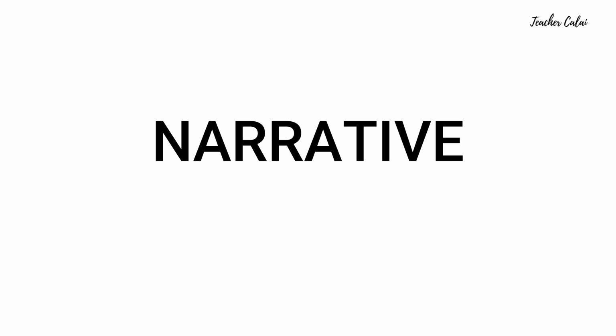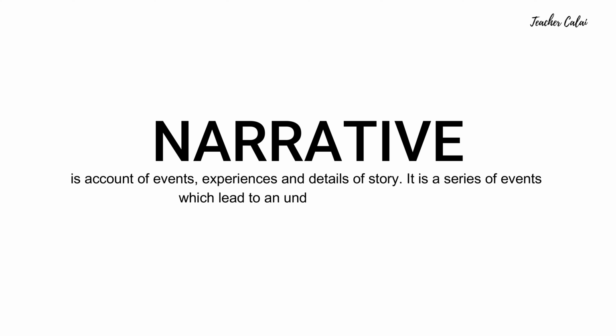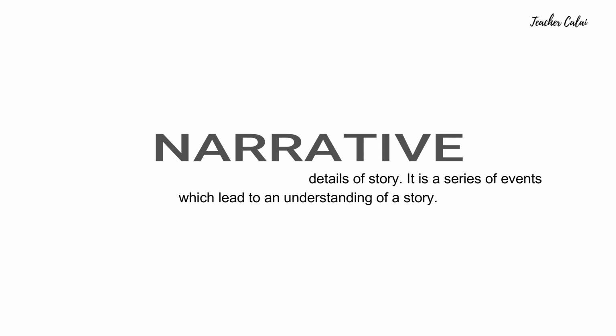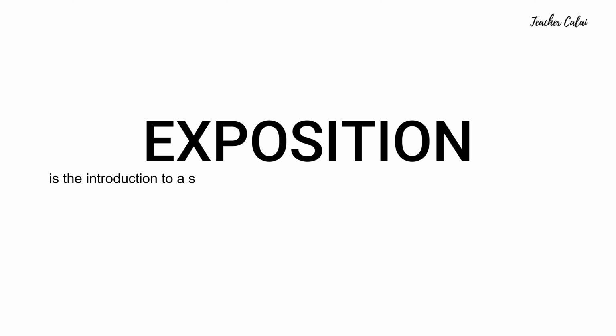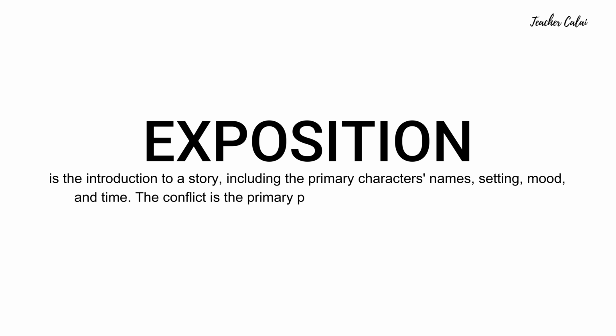Remember, when we say narrative, it is the account of events, experiences, and details of a story. It is a series of events which lead to an understanding of a story. And when we say exposition, it is the introduction to a story, including the primary characters' names, setting, mood, and time.